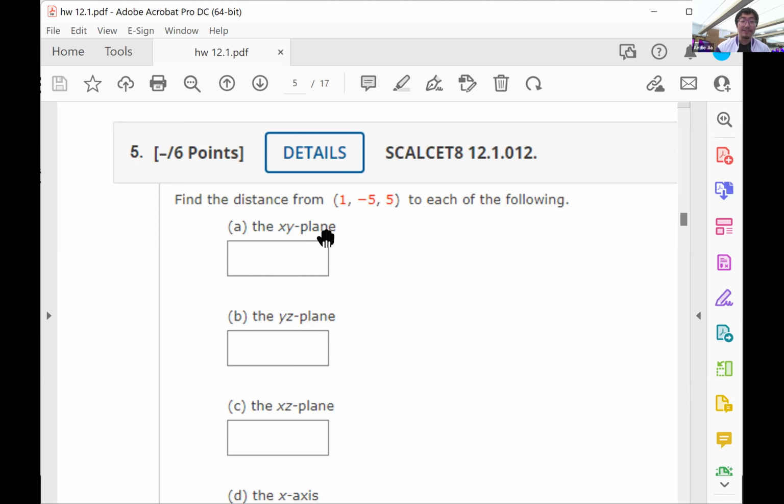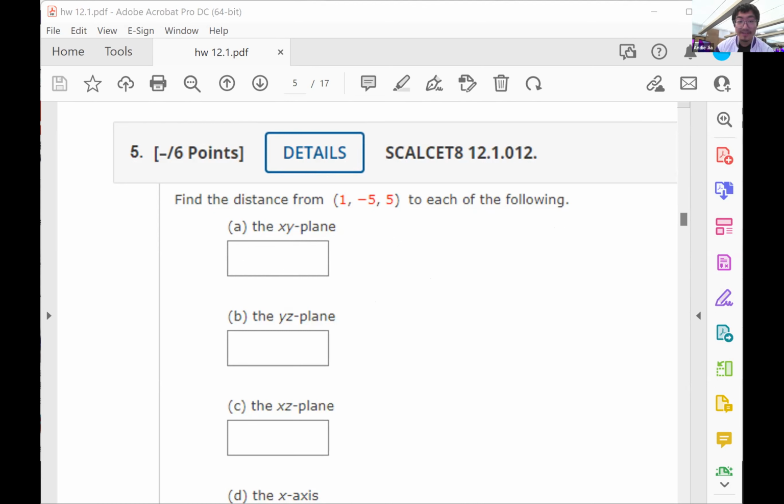So here you use the distance formula for 3D. You're going to have x equal to 1, then y, so it's going to be 1 squared plus negative 5 squared plus 5 minus 0 squared.